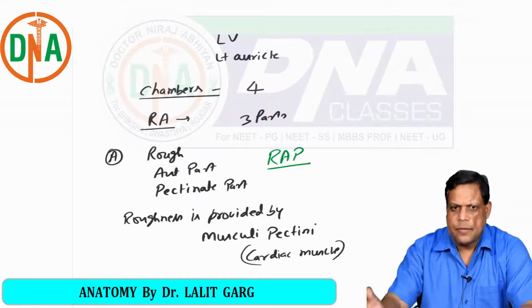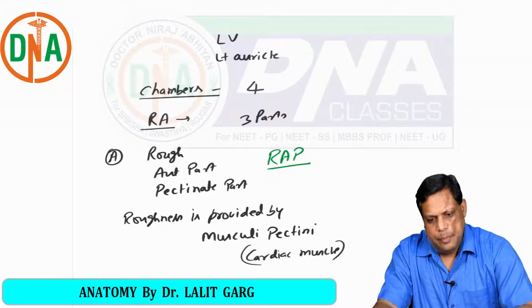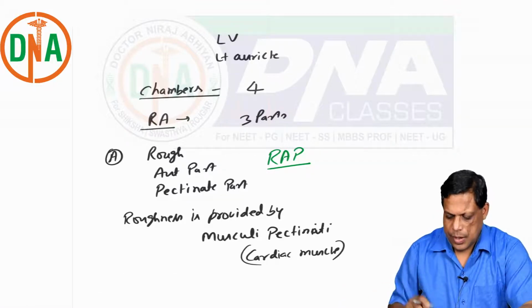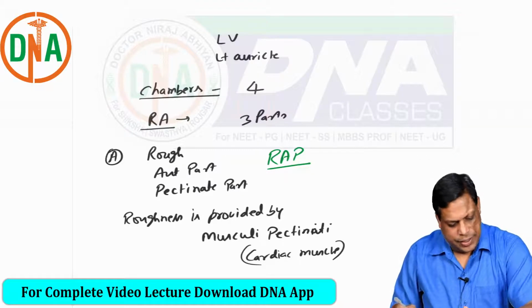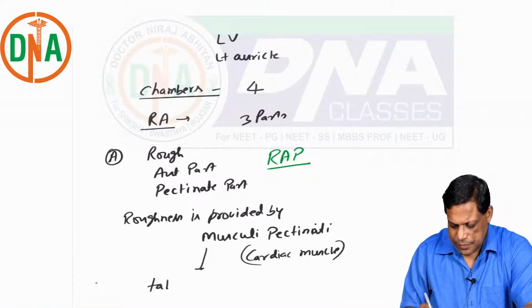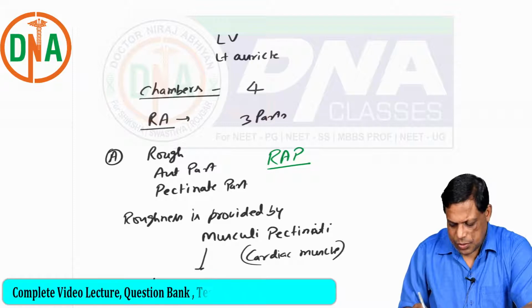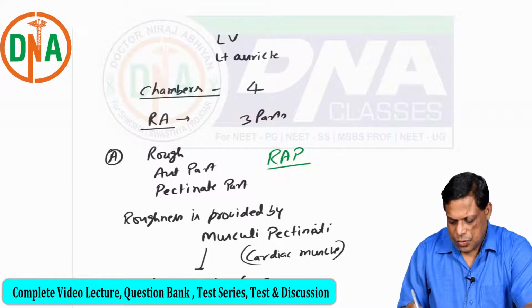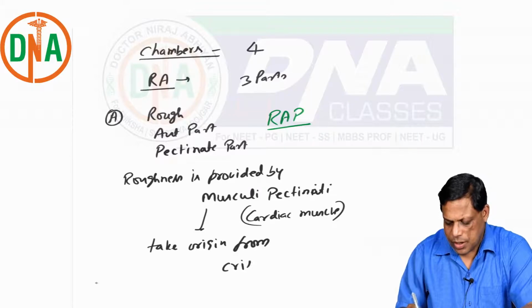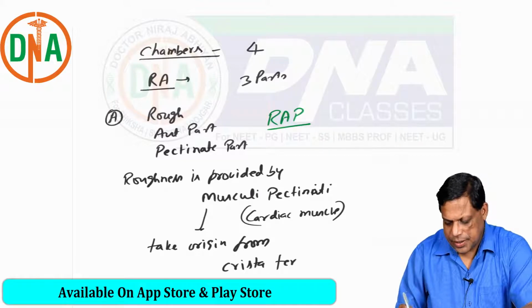So the cardiac muscle of the atrium is known as the musculi pectinati. These musculi pectinati take origin from the crista terminalis.